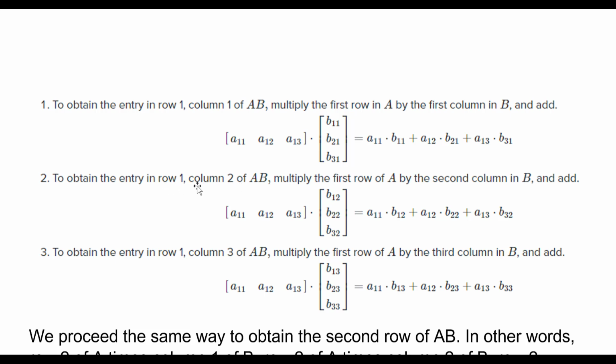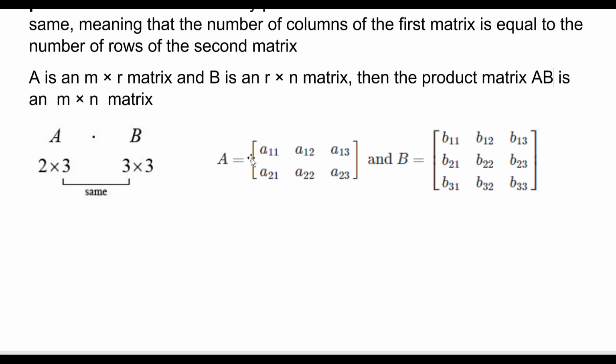to obtain the entry row 1, column 2 of AB, multiply the first row of A by the second column of B. So we would multiply this row by the second column, and that would give us this one here. And then to get this, we multiply this row by that column and add them up.